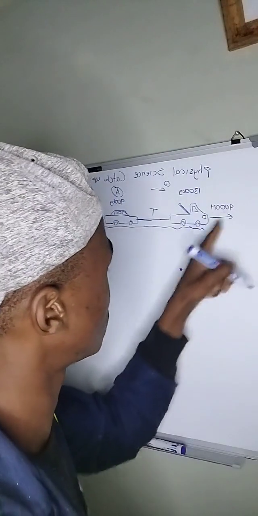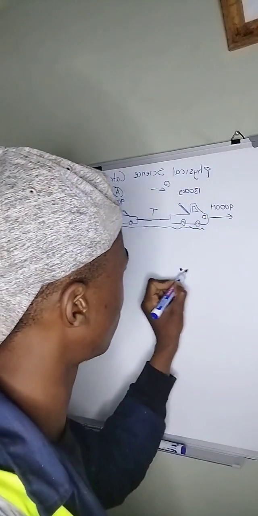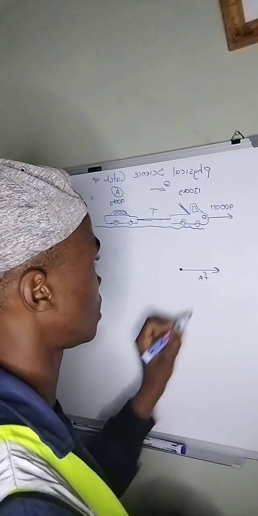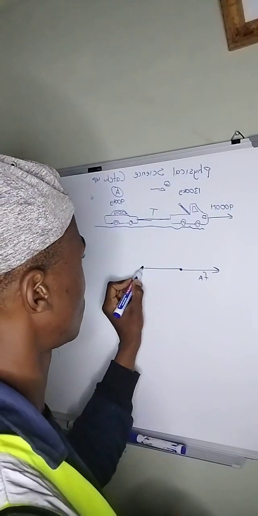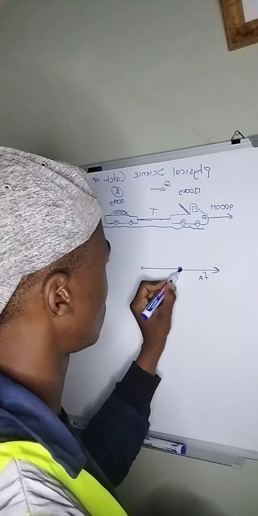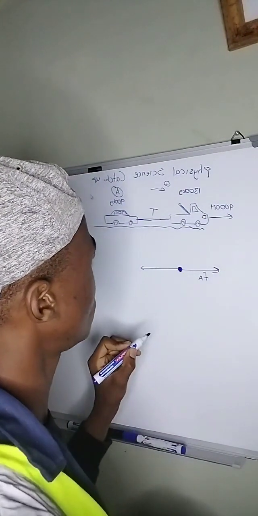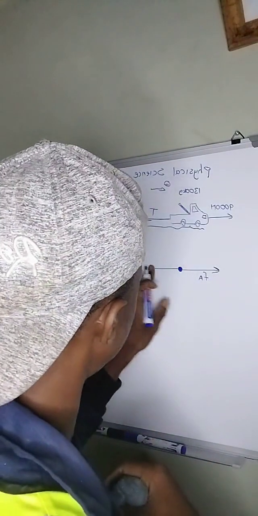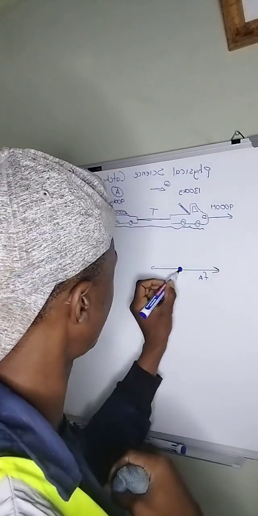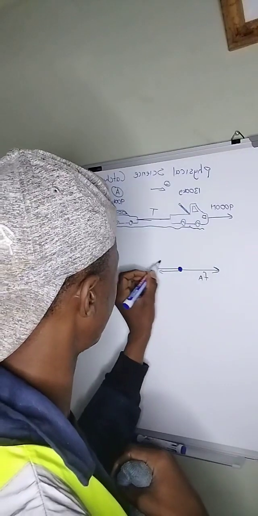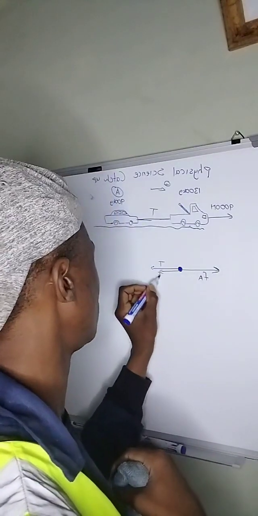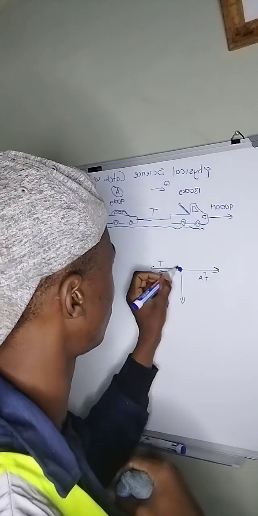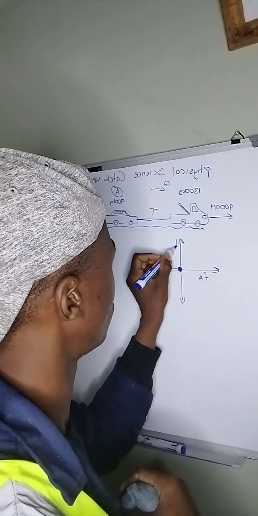Because of this applied force, we're going to move forward. This force is going to be our tension, this is going to be the friction, and we're going to have our force of gravity and our normal force.